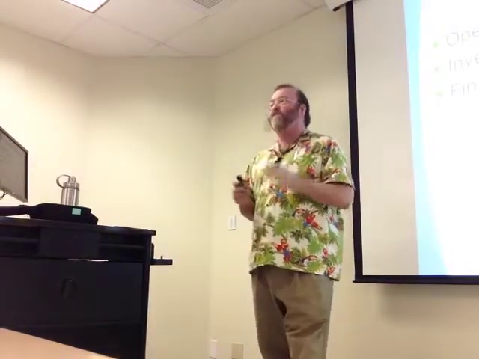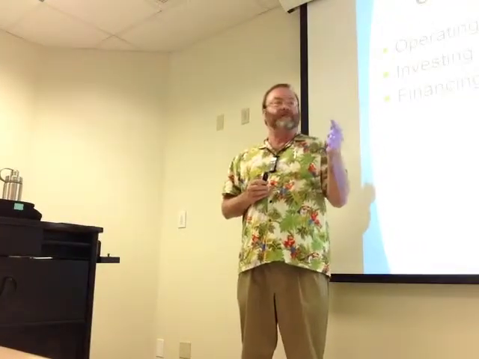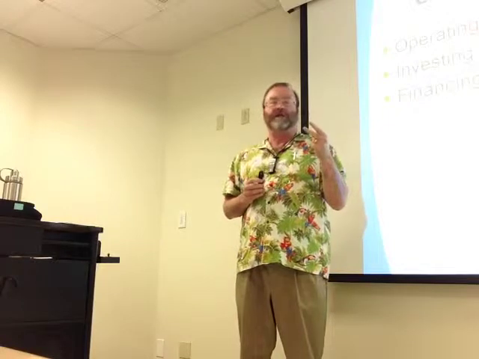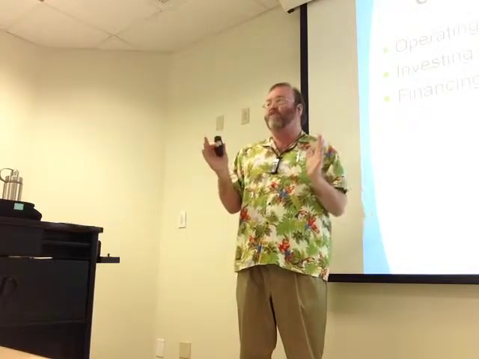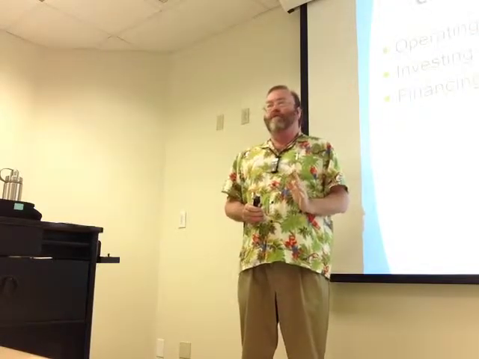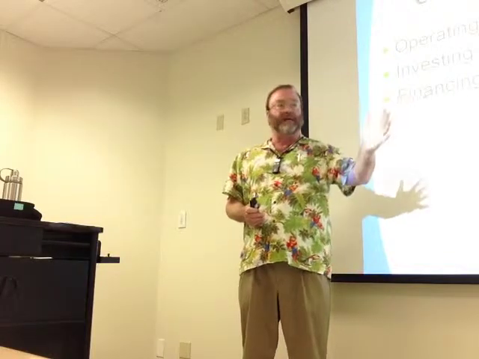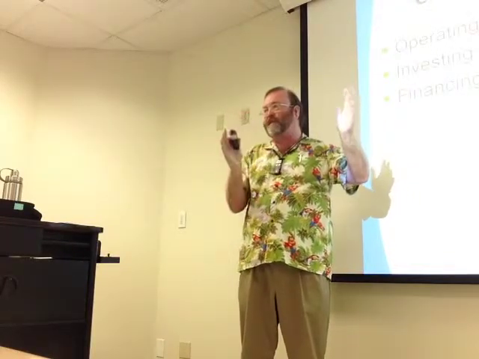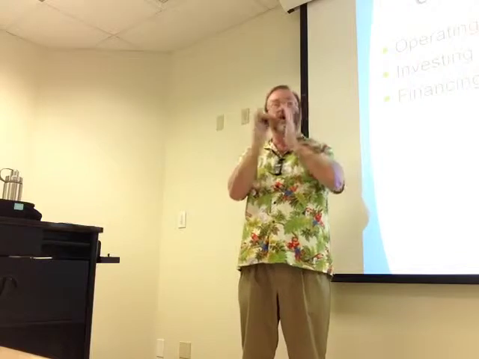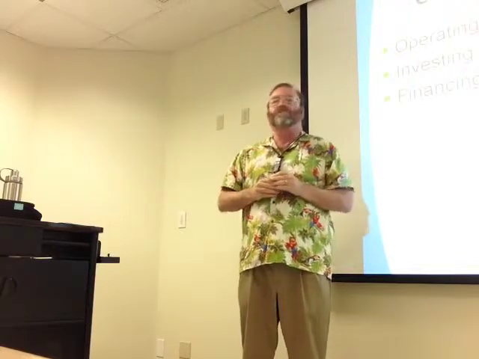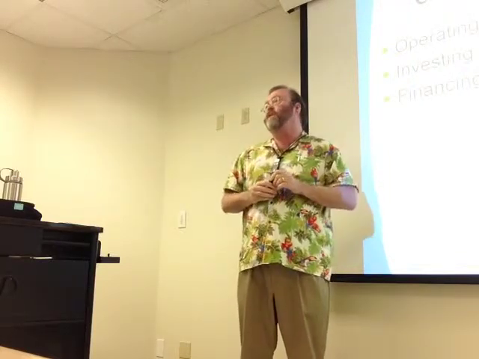Now, the data for this financial statement comes from the income statement and the balance sheet, and it is a comparative balance sheet. The balance sheet at the end of last year and the balance sheet at the end of this year. You must have both years in order to be able to complete one of these financials.